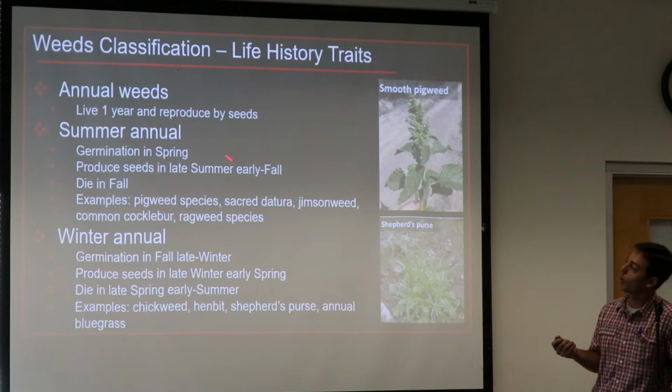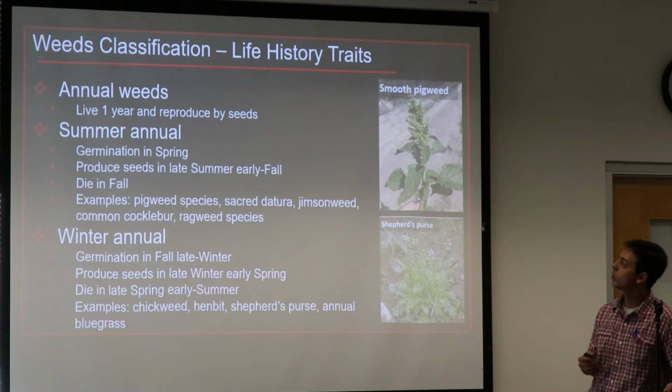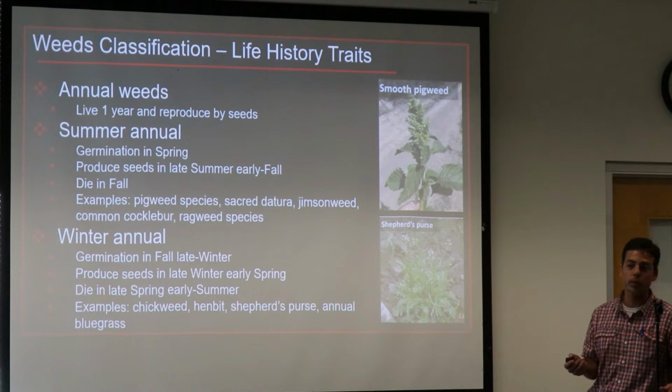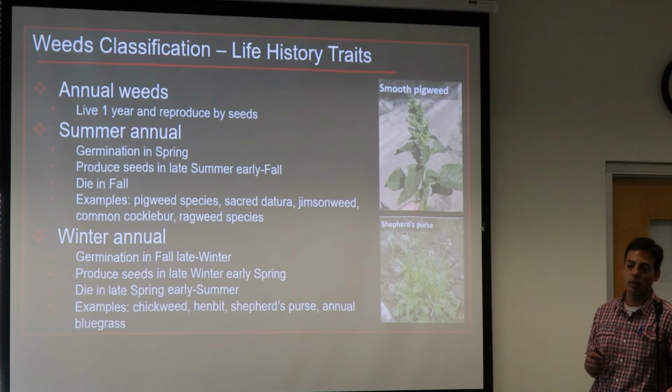And when you think about annual weeds, it's all about making sure not to let those plants produce seeds. Because it depends on the weed species, but for example, for pigweed species like Palmer amaranth, the longevity of the seed in the soil is in general 5 to 6 years.